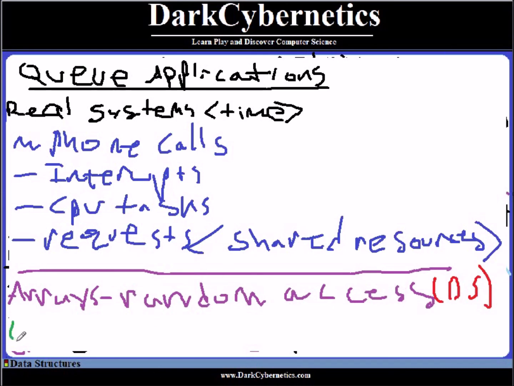Arrays are random access. And other data structures like linked lists have to traverse information sequentially. Let's write that down here in the block.